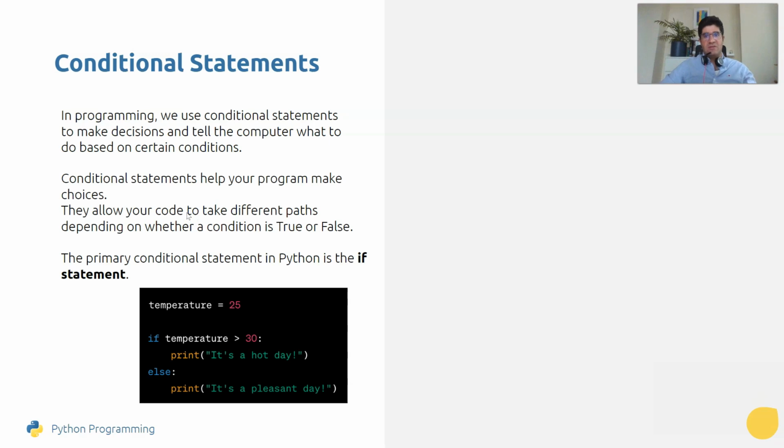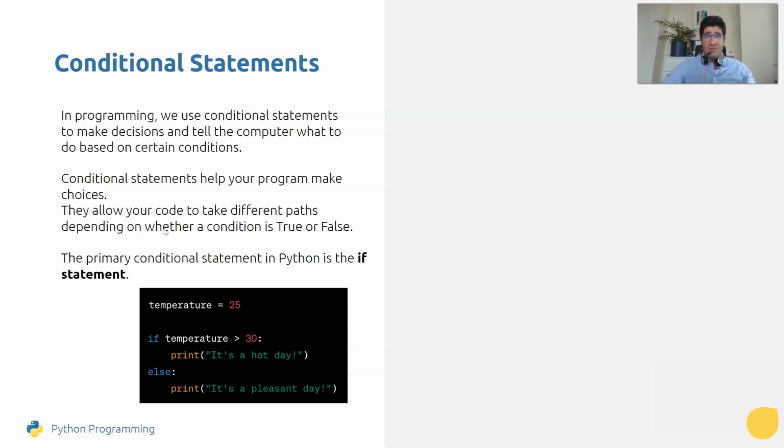We have the same concept in programming languages. Conditional statements help the program to make choices, and based on those conditions, the code can take different paths. So you can have different code and run one block of it based on a specific condition.